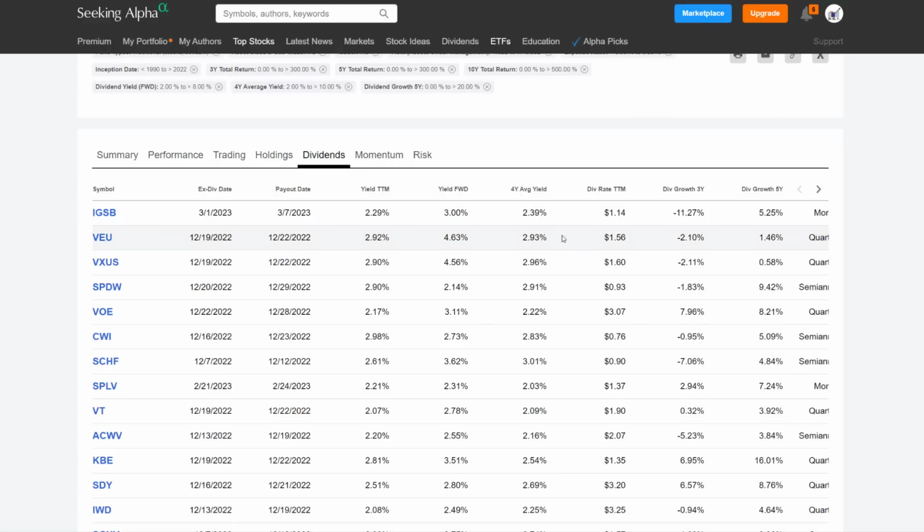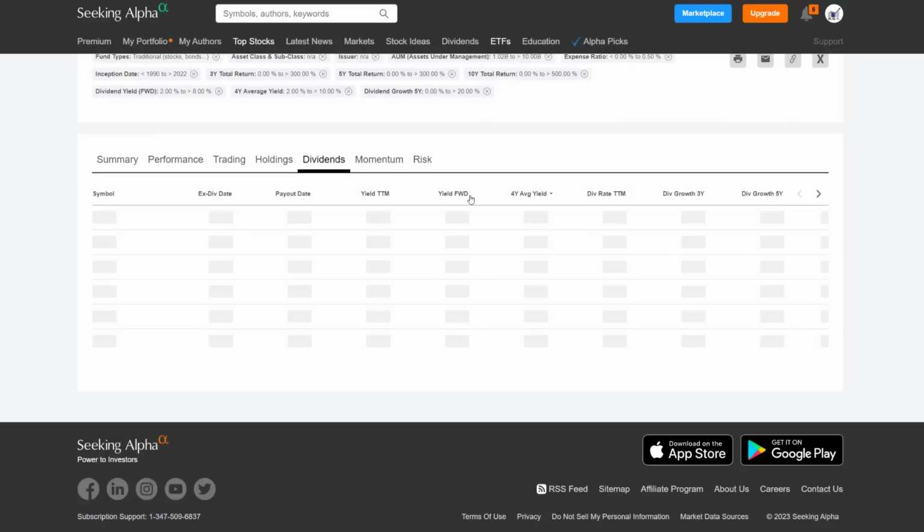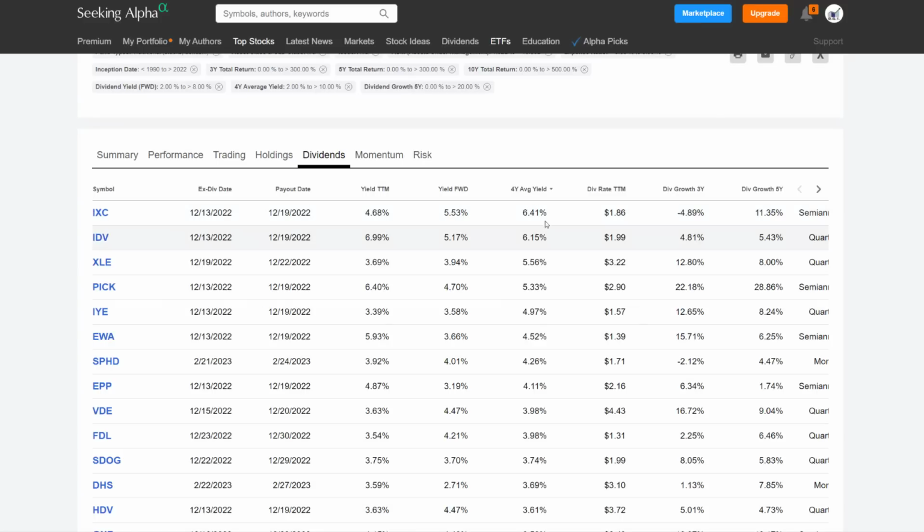Okay, moving on here to the dividend section. It's similar to what we were looking at with the dividend stocks. You can filter here by the 4-year average dividend yield. You can see, okay, which companies have maintained the highest 4-year average yield. Now, this is something that's kind of cool if you're picking and choosing when you buy a stock. If the 4-year average is higher than the forward yield, in my opinion, that's a simple, easy way to say, okay, this ETF is maybe a little bit overvalued at the current time.